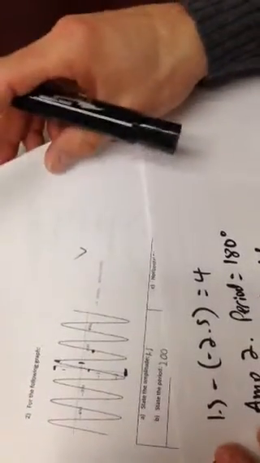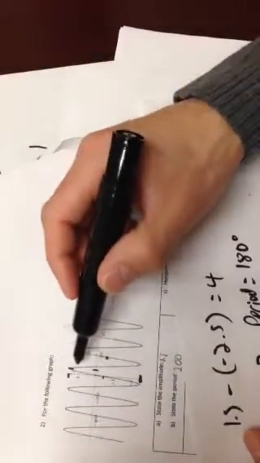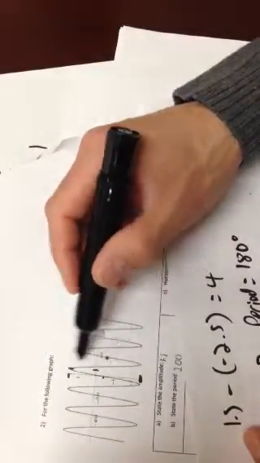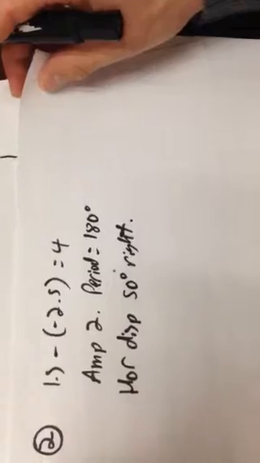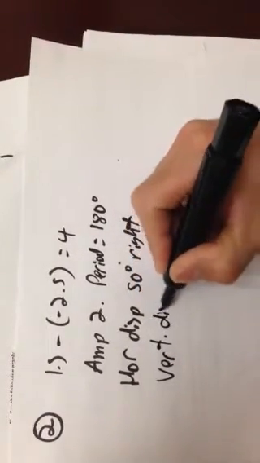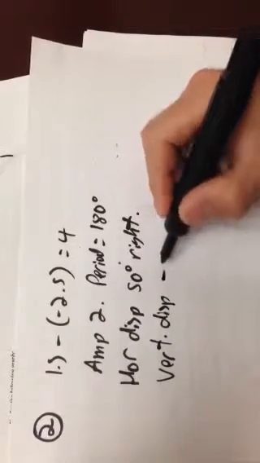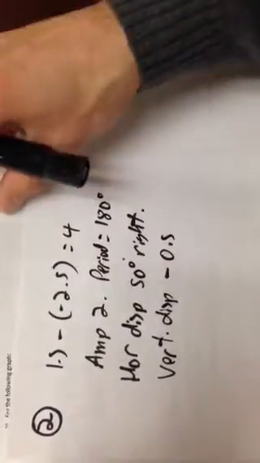And our vertical displacement, I think that's the most obvious here. We have an amplitude of 2, but it only gets to a height of 1.5, not to a height of 2, which indicates to us that the vertical displacement is minus 0.5.